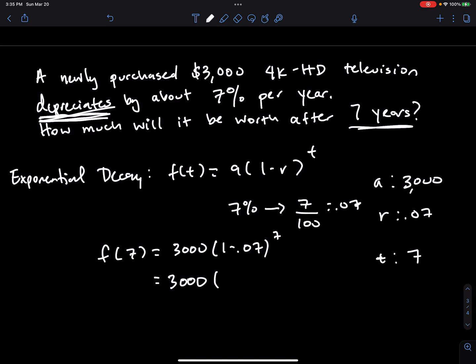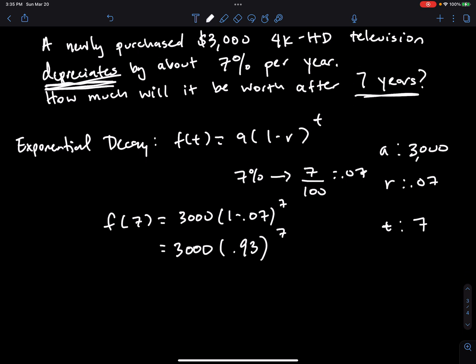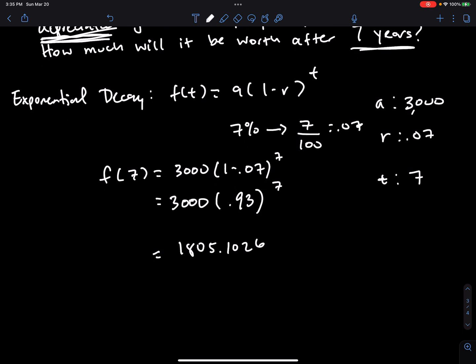That should be 0.93, raised to the 7th power. And if I put this in my calculator, I should get this number, 1,805.1026.